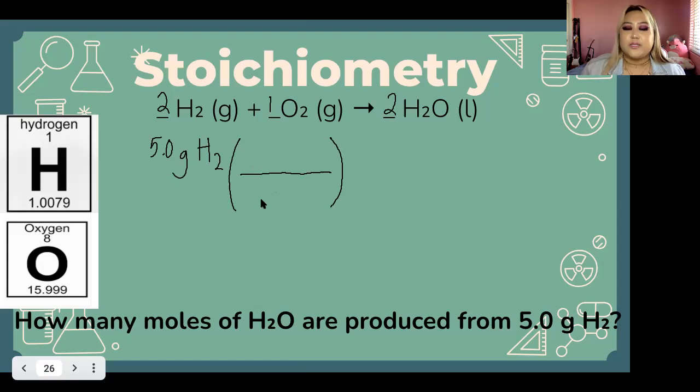What do we know is going to be on the bottom? 2 grams of H2, and then 1 mole H2. So she got that 2 grams because there's an atomic mass of 1, but there's 2 hydrogens, so she times it by 2. Okay, perfect. So we have grams of H2 canceled out.